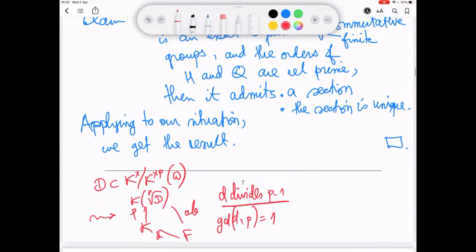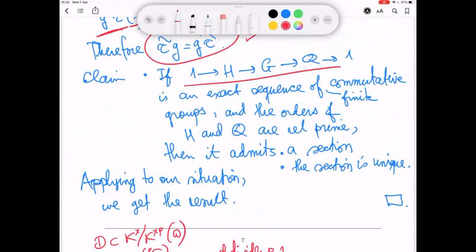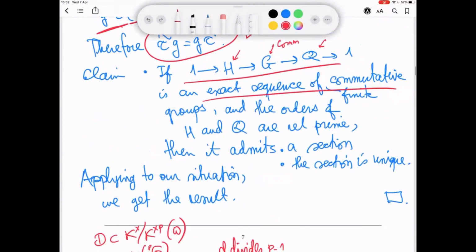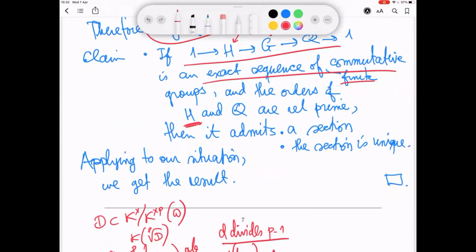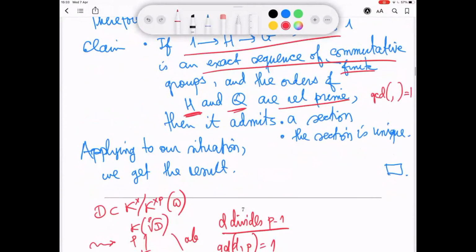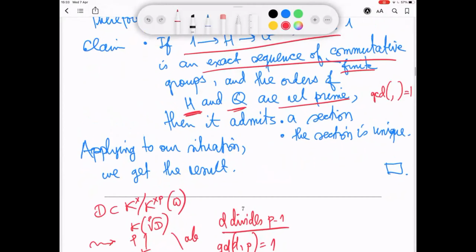Now I have this purely algebraic fact about finite groups. In fact, in this case it's even commutative. So if I have a commutative group G, a subgroup H, and the quotient is Q, so that's an exact sequence of finite commutative groups, and the orders of the subgroup and the quotient are relatively prime, which of course means that the GCD of these two things is equal to 1, then this sequence admits a section.